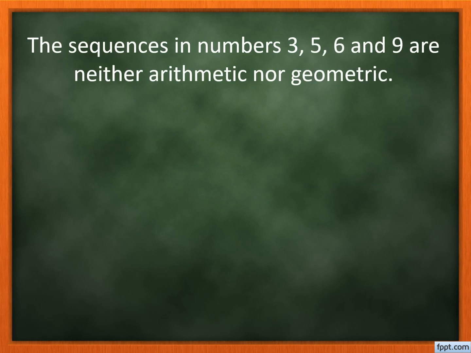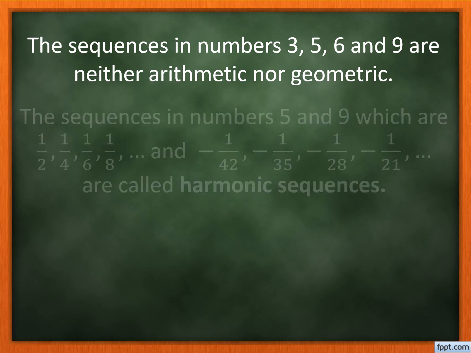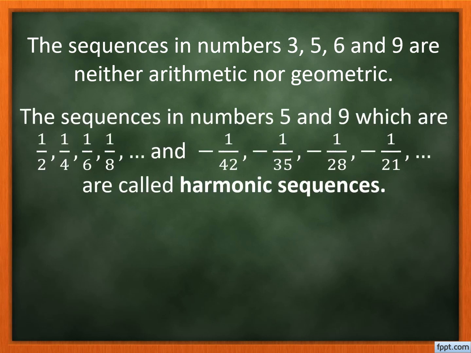The sequences in numbers 3, 5, 6, and 9 are neither arithmetic nor geometric. The sequences in numbers 5 and 9, which are 1/2, 1/4, 1/6, 1/8, and negative 1/42, negative 1/35, negative 1/28, negative 1/21, and so on, are called harmonic sequences.